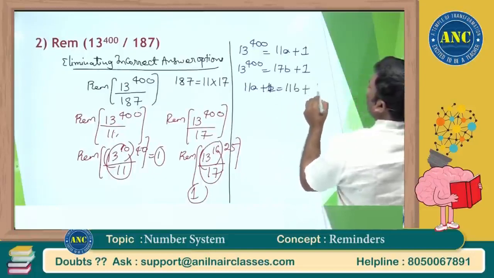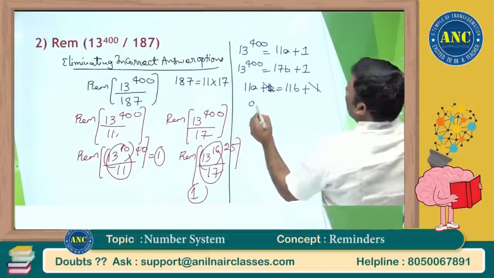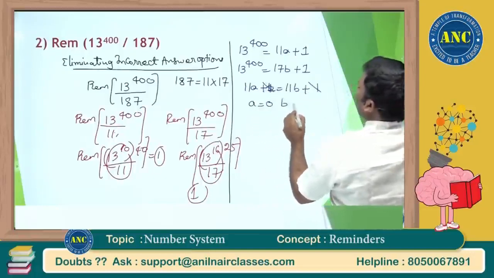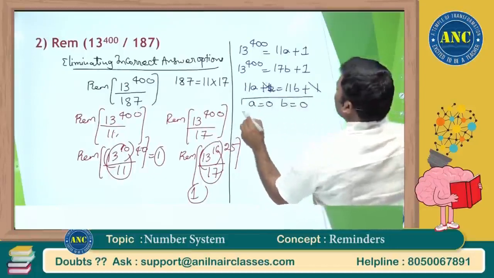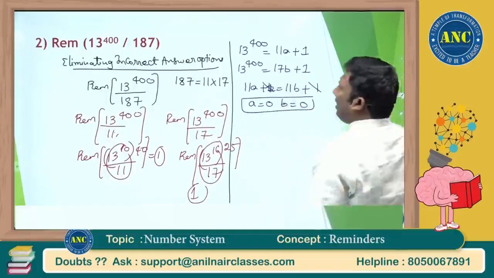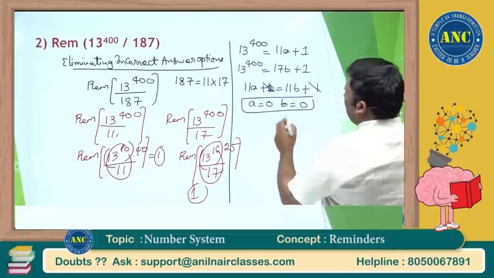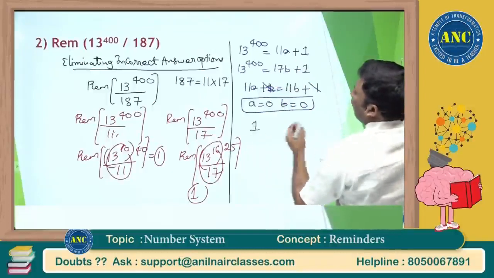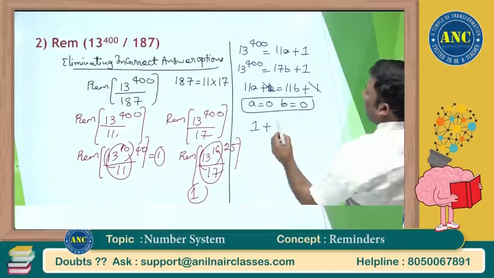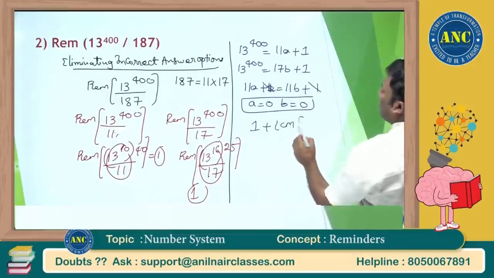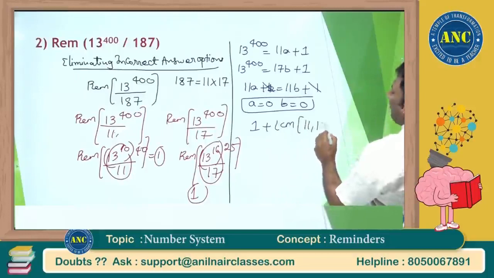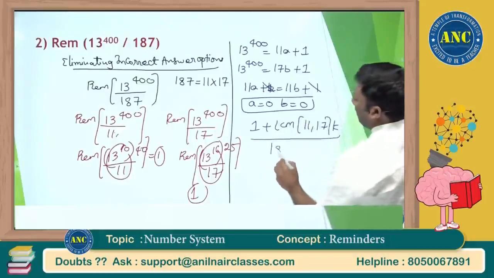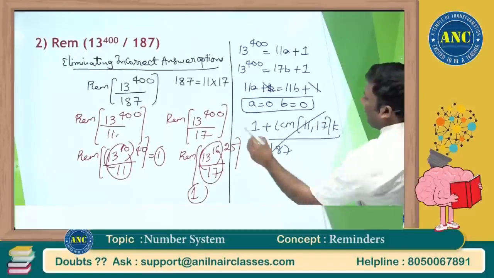The 1 cancels. Both will be equal at the lowest value 0. So 1 is the lowest remainder possible. This number is divisible by both 11 and 17.